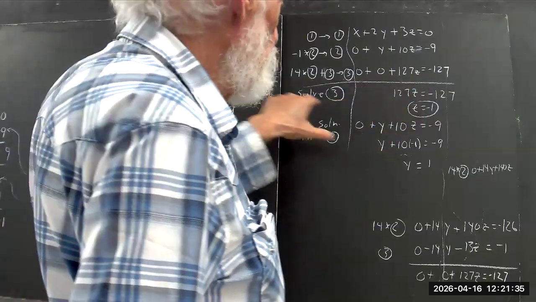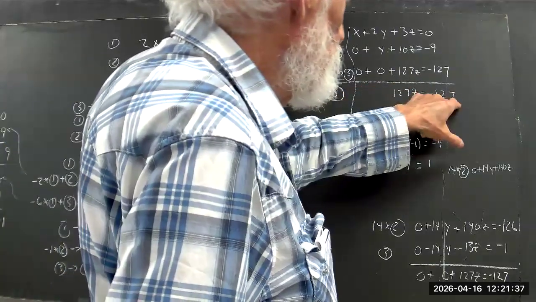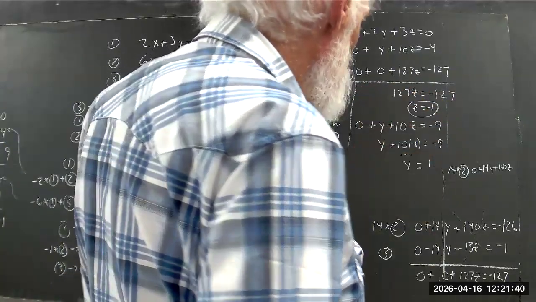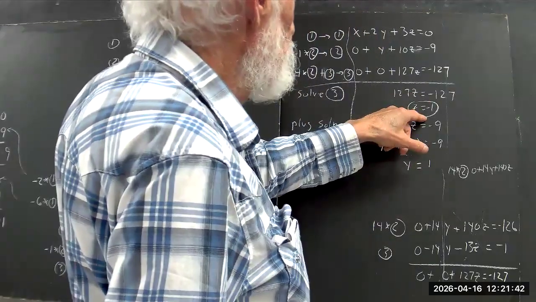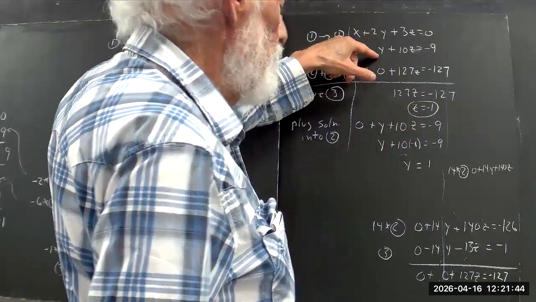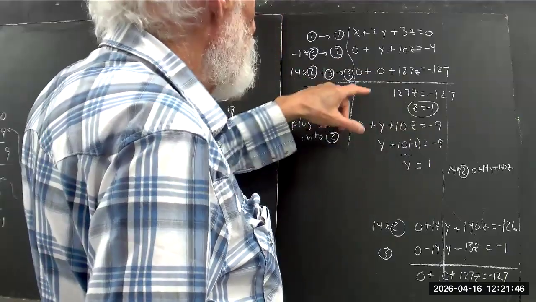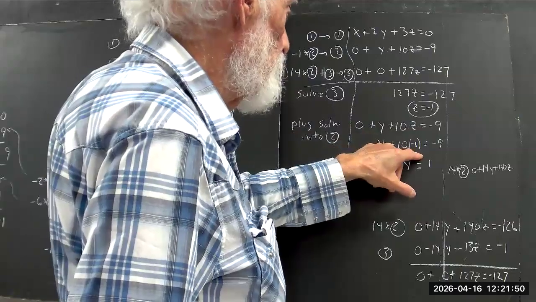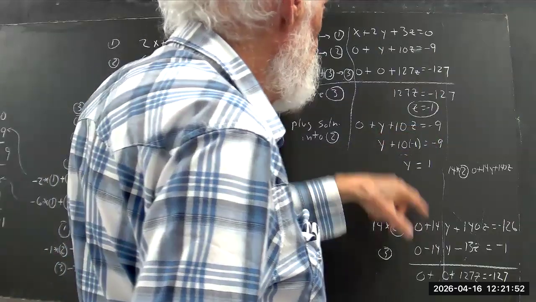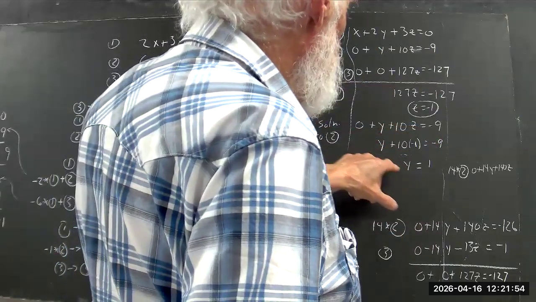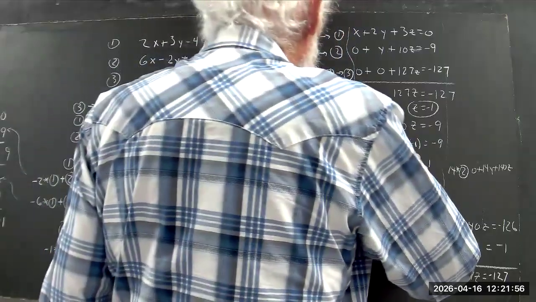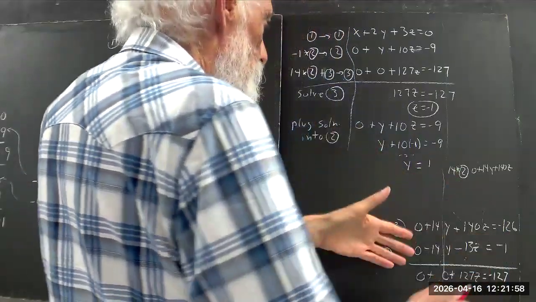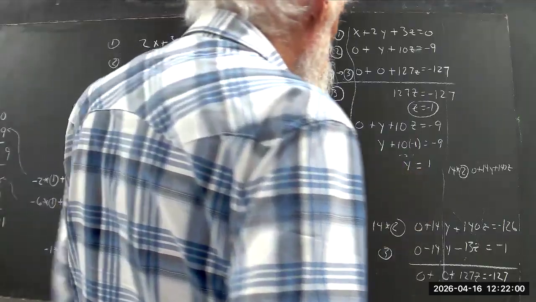And now this equation we solve: 127z equals negative 127, so z equals negative 1. We plug z equals negative 1 into the second of our new equations. And we get y plus 10 times negative 1, 10z is 10 times negative 1, equals negative 9. And we solve that. Now these three dots here mean just do the obvious, add 10 to both sides. You get y equals 1.